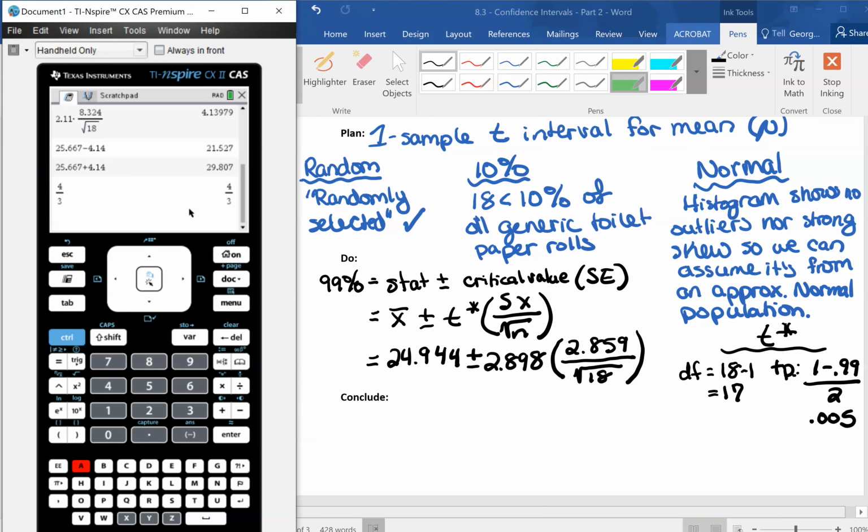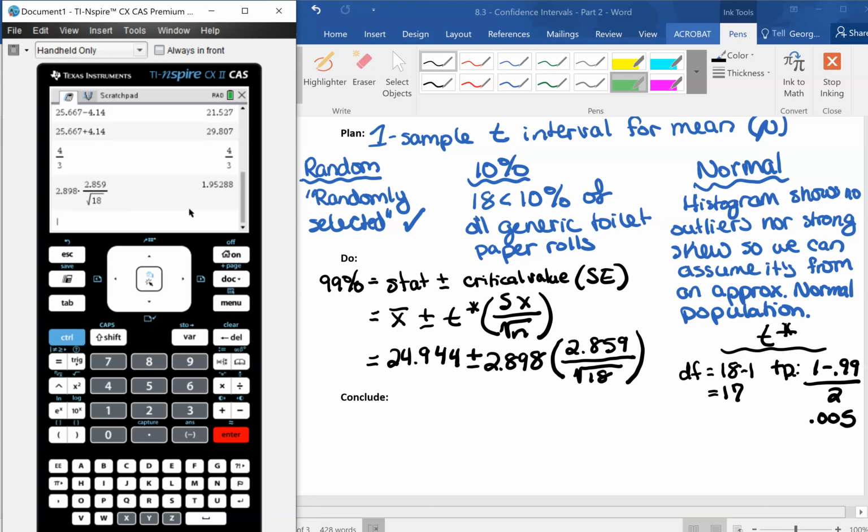So we're going to hit A. We need 2.859 times our fraction. On top is 2.859, and on the bottom is square root of 18.